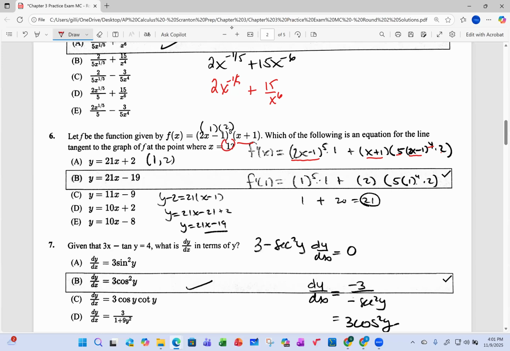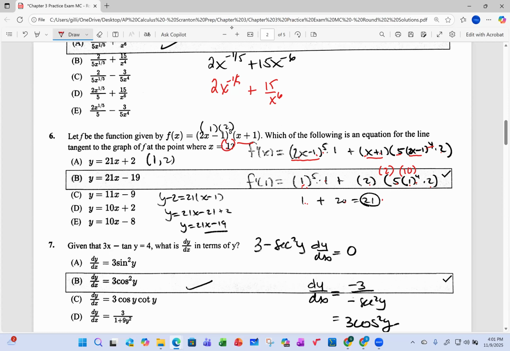Just put in the value of 1 for x, and 2 times 1 is 2, minus 1 is 1, and 1 to the 5th is 1. 1 times 1 is 1. Then over here, 1 plus 1 is 2, and then 1 to the 4th is 1, times 5 is 5, times 2 is 10, sorry. So then 10 times that 2 is 20, plus 1 is 21.